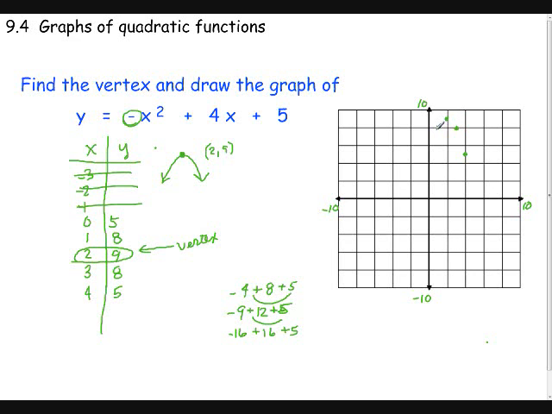So I really don't even have to look at my chart to know that these points are there. So when I do this graph, it's looking like this. Find the vertex. I had to look for the point which became my high point, and then it started to drop off on either side. Wow, that's really neat.